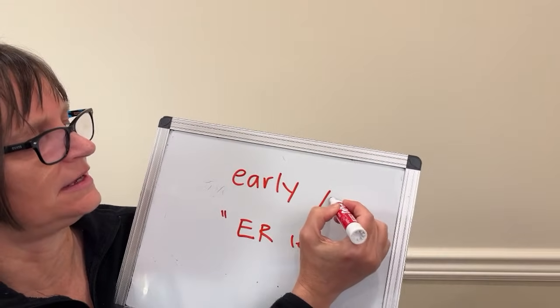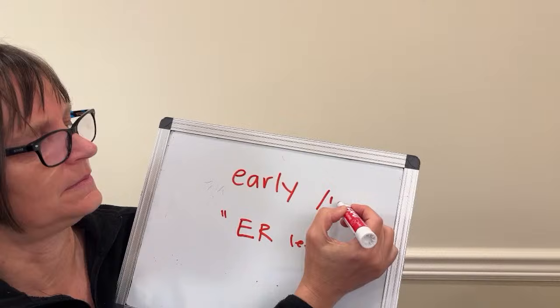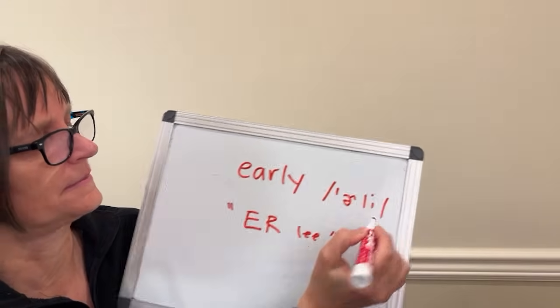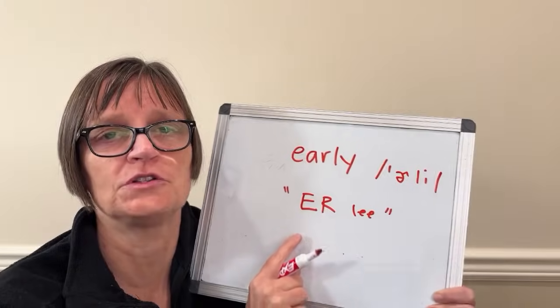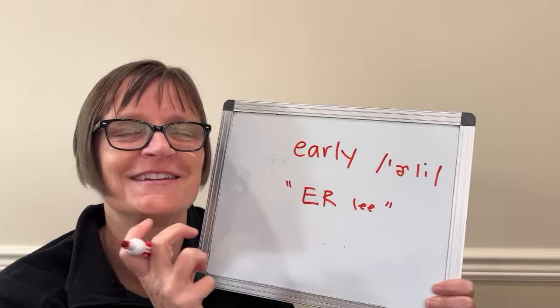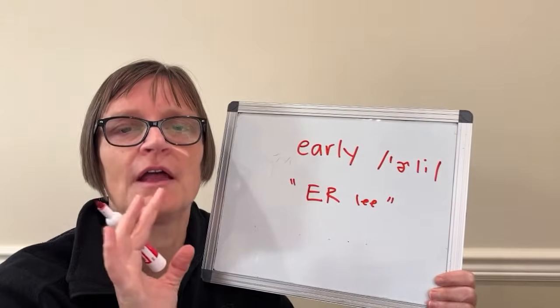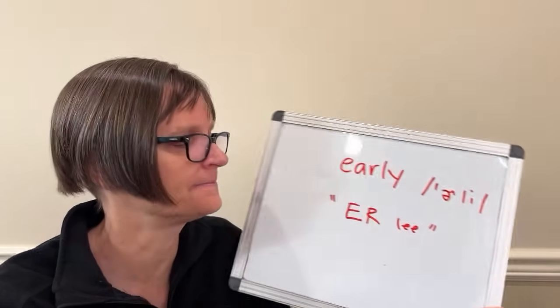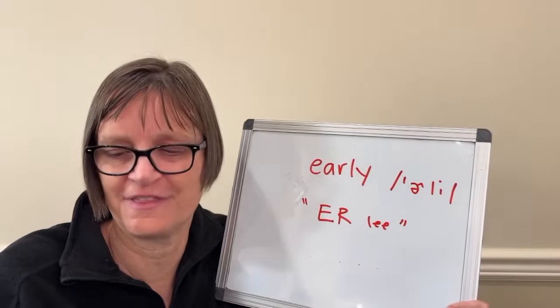IPA is going to be early. So you may find that difficult because it has the R and the L together. So just make sure you keep your tongue back and tight for that and then lift it to the front behind the teeth for the ly. Early, early. Yeah, very good. Thank you for that request.